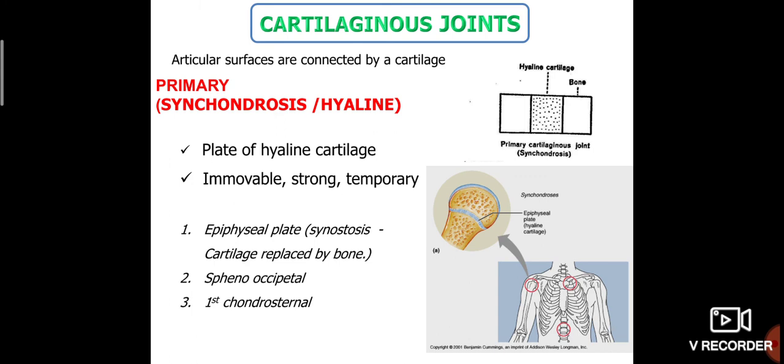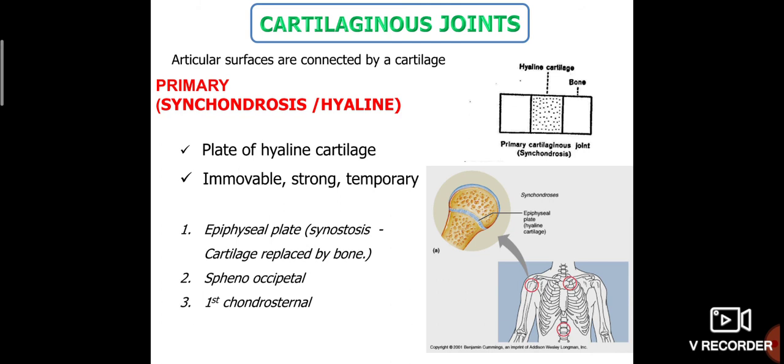In a primary cartilaginous joint, hyaline cartilage will be the cartilage present between the bones. But in a secondary cartilaginous joint, fibrous cartilage will be present. The importance is, if a hyaline cartilage is present to connect two bones, in later life, after 20 years of age, this hyaline cartilage is completely replaced and this area will be converted into a bone.